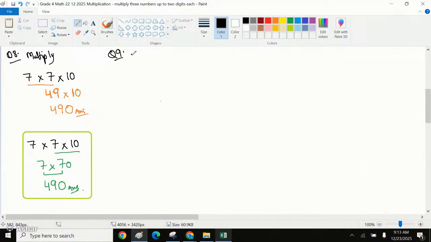Question number 9 says multiply 6 multiplied by 2 multiplied by 10. No, it's not 4,900. It's 490, right? There is 1 0. Do we agree it's 490?